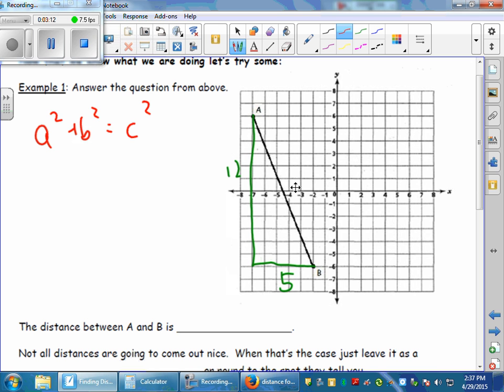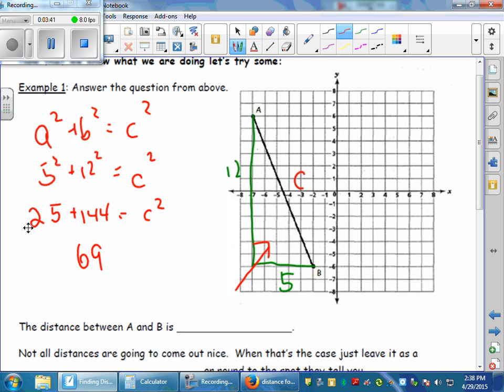Now this side right here, is it going to be a, b, or c? Well, because my right angle's right there and it's pointing to it, that has to be my hypotenuse. That has to be my c. So the thing I don't know is my c squared. That means 5 squared is a and 12 squared is b. And I'm pretty sure I could do most of this off the top of my head. 25 plus 144 is equal to c squared. 5 plus 4 is 9. 4 plus 2 is 6. 1 plus nothing is 1.